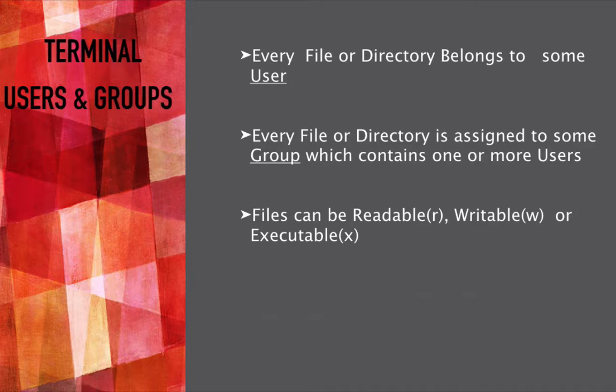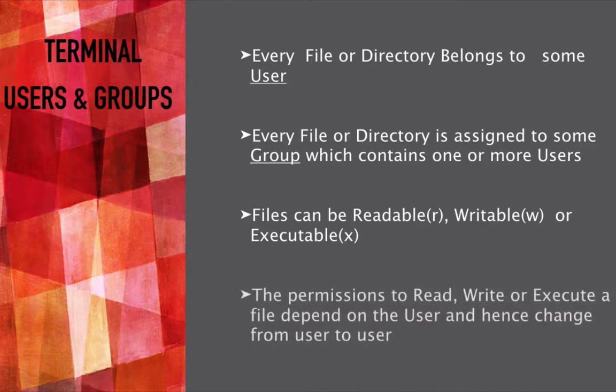It can be just readable, or maybe both writable and executable, etc. And now the last question is, who can do what to a file? What user can do what to every file? And this is the fourth and last point that I want you to know, which is that the permission to read, write, or execute a file depends on the user, and hence changes from user to user.